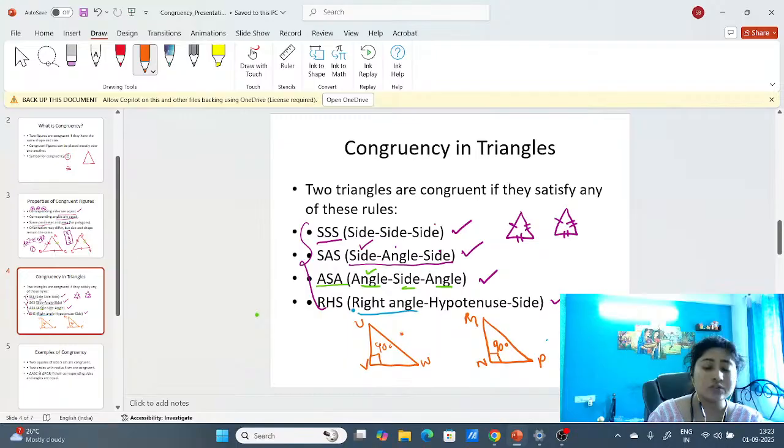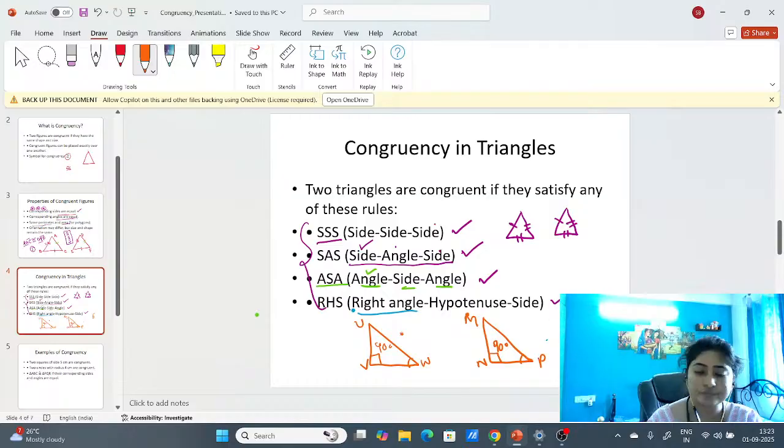If this is my 90 degree, I can take this angle as theta. Theta is an angle. For now, just remember that theta represents an angle. It can be any angle, 50, 40, 60, 70, any.